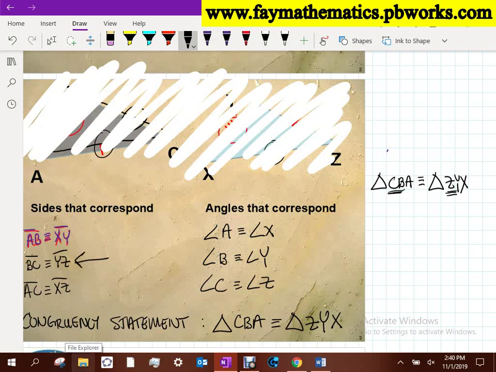Does that make sense? So the order in which we write our names tells us which segments are congruent to which segments without using the picture. So CB is congruent to ZY.